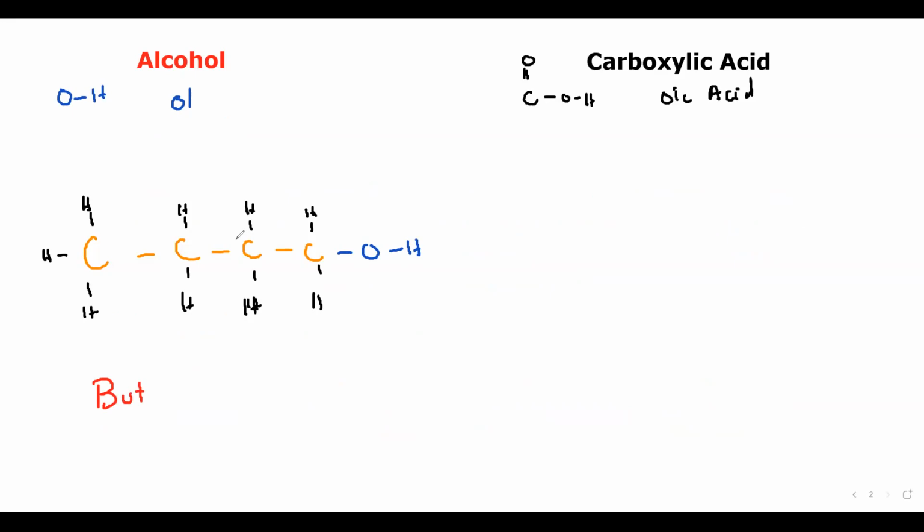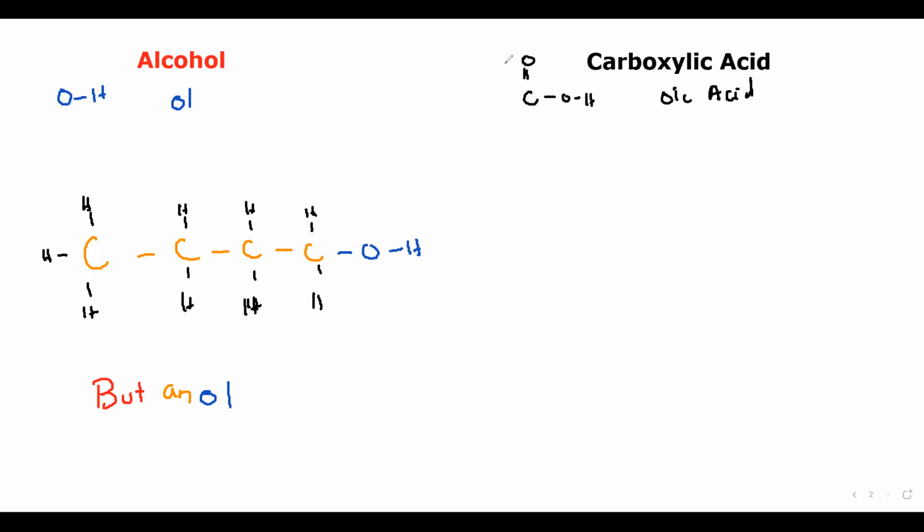Then we check the bond between the carbon atoms because they have a single bond. So we say N. And because the group which is attached is OH, when OH is attached the name should have OL. So it will become butanol. But because of four carbon, N because of a single bond, and ol due to this OH.